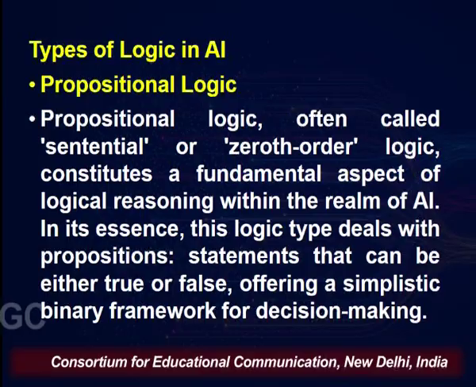So, before going into predicate logic in detail, let us try to understand what the types of logic in AI are. Propositional logic we have already seen. This is often known as sequential or zeroth order logic, and it constitutes a fundamental aspect of logical reasoning.